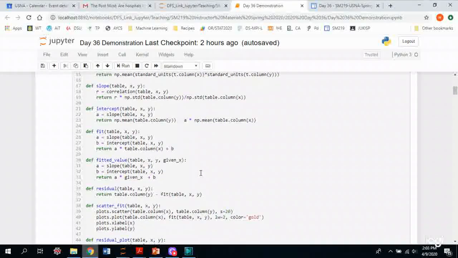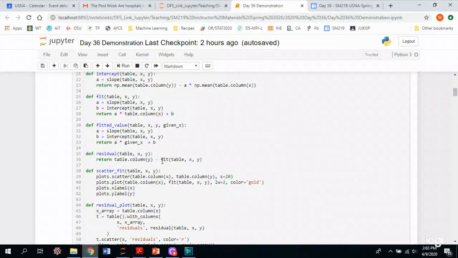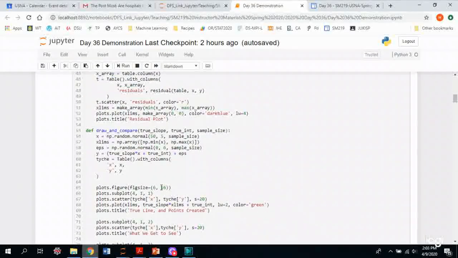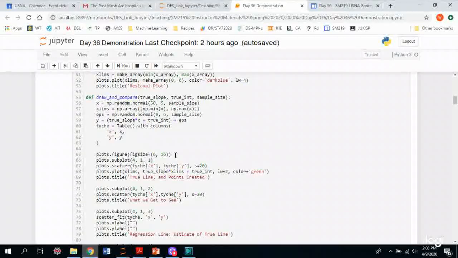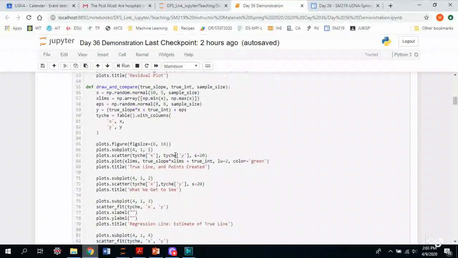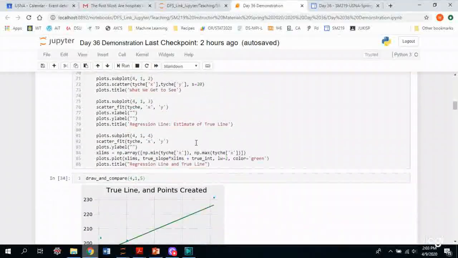A function to provide the fitted value for a particular x value, a function to define the residuals, scatter fit, and also to plot the residual plots. And then here's a nice function called draw and compare that will draw some very nice plots for us. So we'll see in a moment.